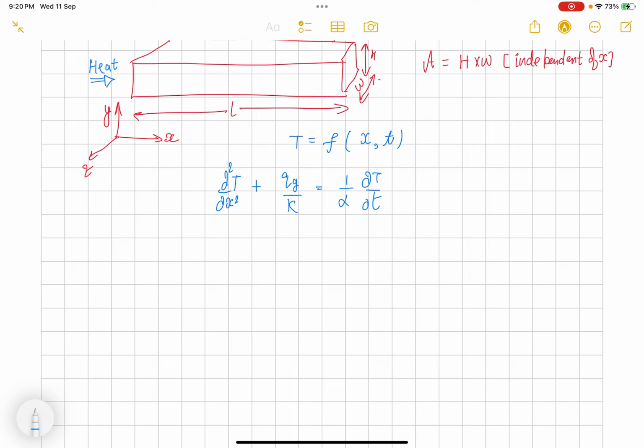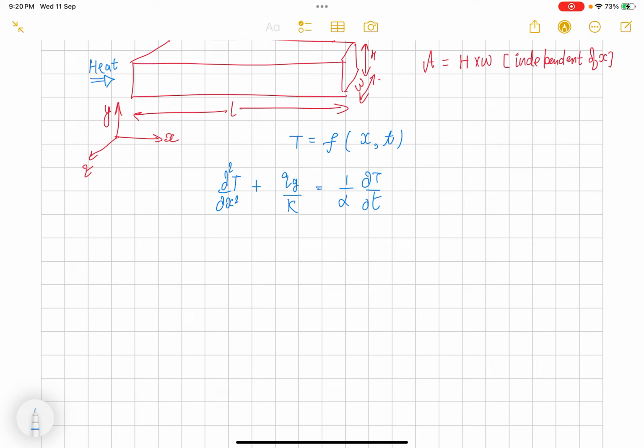Alpha is thermal diffusivity, Qg is in watt per meter cube, that is the volumetric rate of heat generation, and K is thermal conductivity. This we have seen. So this is the one dimensional heat conduction equation.